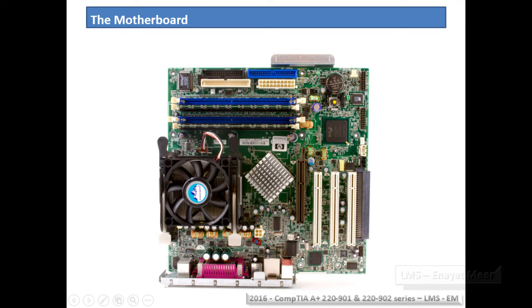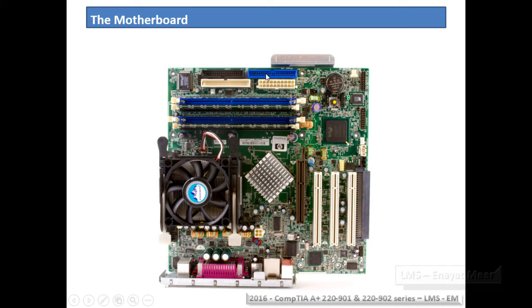This is a motherboard, basically a desktop motherboard. You see multiple types of motherboards, and I'm showing you only this simple one. It's not a very latest motherboard, but it shows you almost all the components, the slots and the memory.